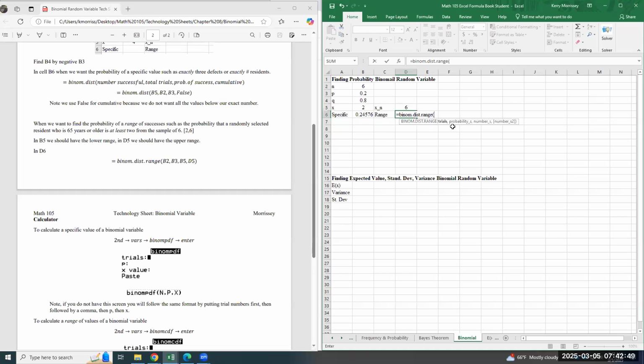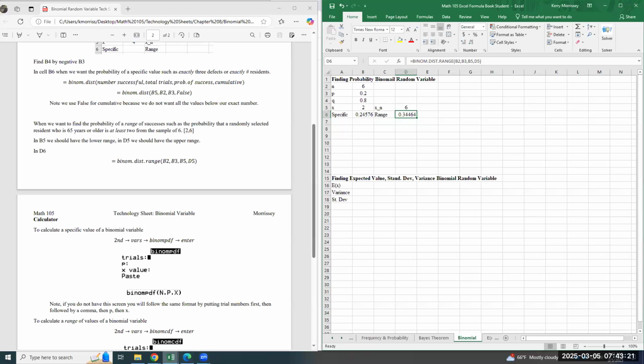To do the range, it says the number of trials, so that is in B2, comma, the probability of success, that is in B3, comma, the number of successes, so that is the lower of your 2 values, found in B5, comma, and then all the way to your higher output, found in D5. So here we should get about 34-ish%.